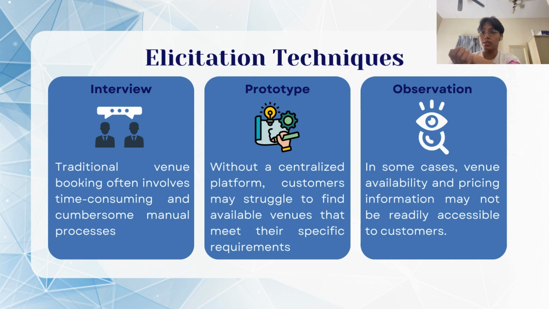We conducted an observation by observing a few customers that usually use this type of venue booking system, and we found that the common pattern is they want the search functionality to be great, and they also want booking modification, where they might want to modify the venue they are requesting, the dates, and also the current number of packs.